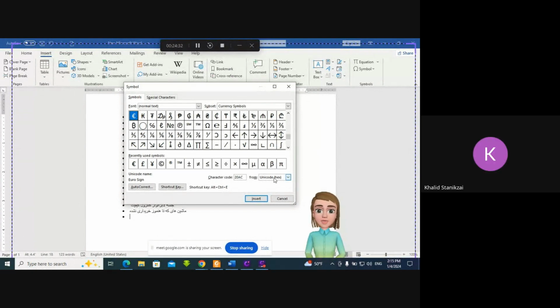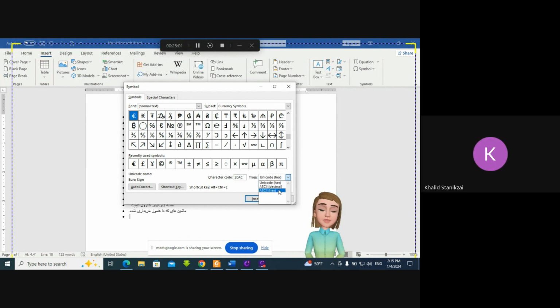Yes, Unicode and character code. There are three codes on this: Unicode hex, ASCII decimal, and ASCII hex.